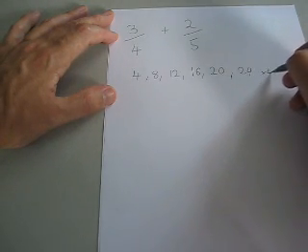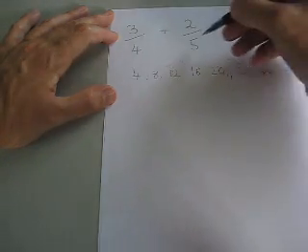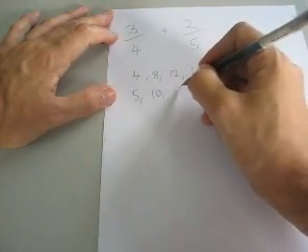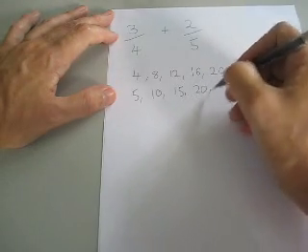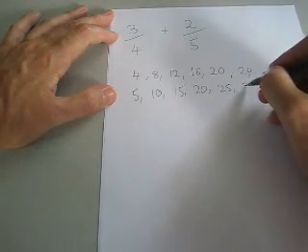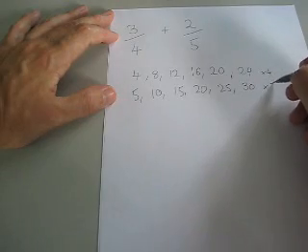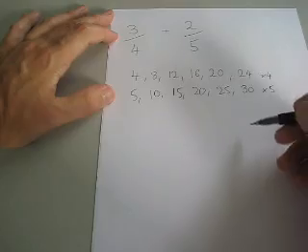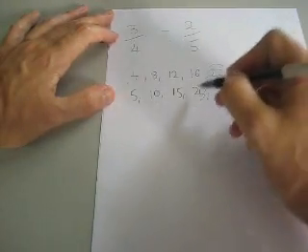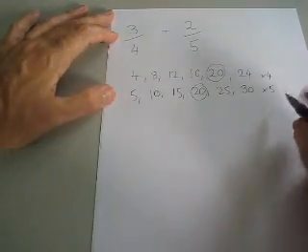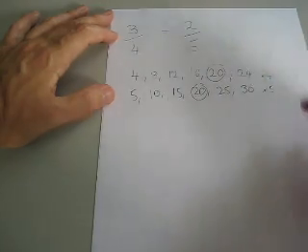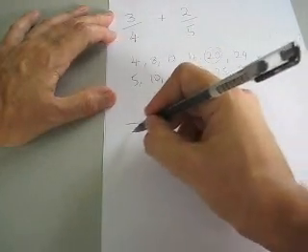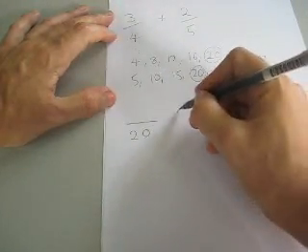That's my 4 times table. Now let me try the 5 times table. 5, 10, 15, 20, 25, 30. That's my 5 times table. Is there any number that is in both? Well, if I look along, 20. Both 4 and 5 go into 20. So 20 will be my denominator.